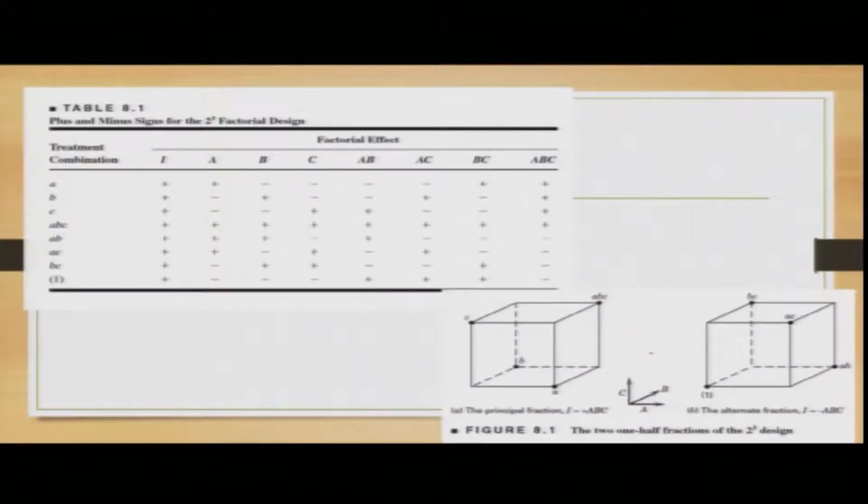So, let us consider the effects. When we consider the factorial effects in a table format, the plus and minus signs tell you whether they are positive or negative. The treatment combinations are for the factors A, B, C. When we are considering fractional factorials and the 1/2 model, it means that we are trying to reduce the amount of computation required at our end.